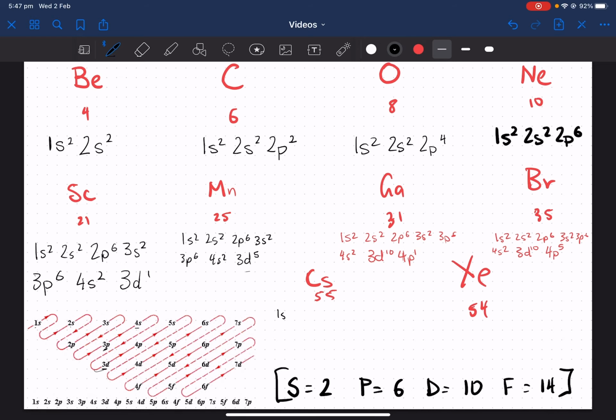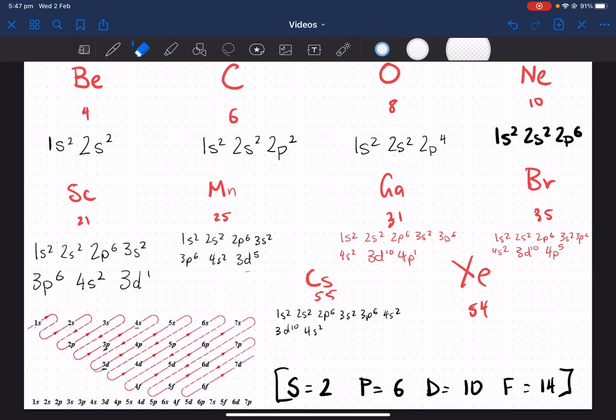So let's go. 1s2, 2s2, 2p6, 3s2, 3p6, 4s2. So that's our 20. 3d10, 4s2. So we're now at 30.